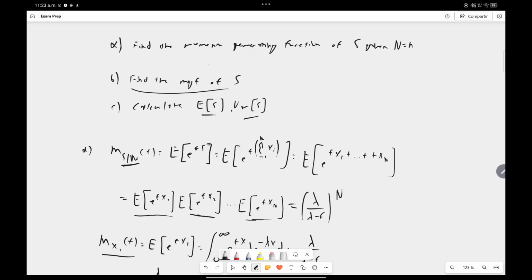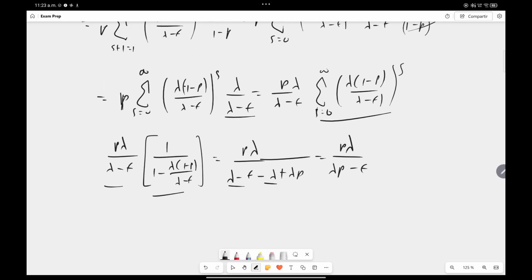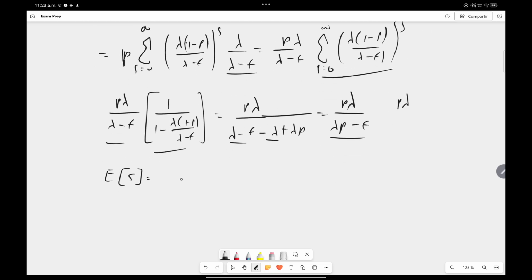Now, one more bit: the mean and variance of an exponential distribution. What is the mean and variance of s? In this case, the moment generating function of s is equal to the moment generating function of an exponential distribution with parameter p lambda. So the mean is just going to be 1 over p lambda, because we're using the rate parameter.